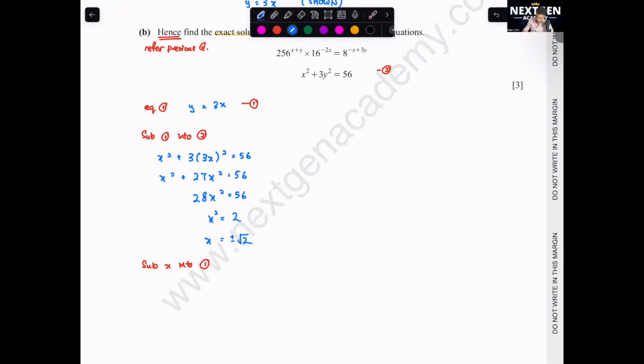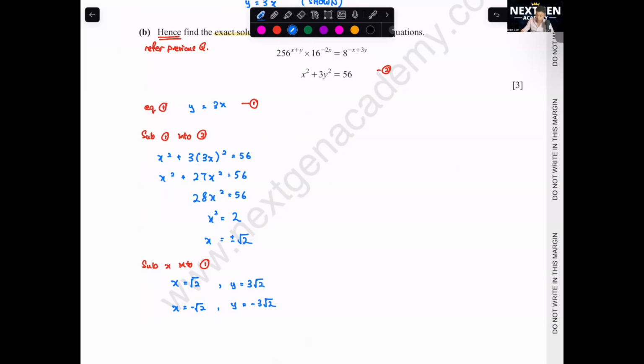So when x equals positive root 2, y equals 3 root 2. When x equals negative root 2, y equals negative 3 root 2. Actually it's not necessary to write the bracket.